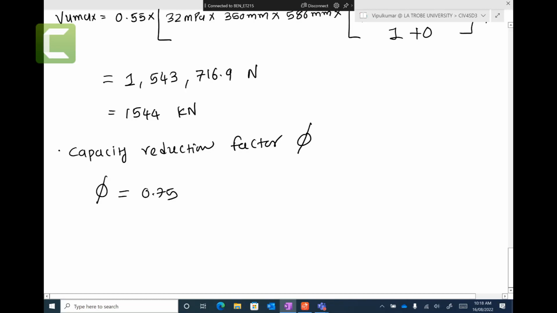Just give me a minute, I'll come back. I need to make this correction here. So now we have 0.75.